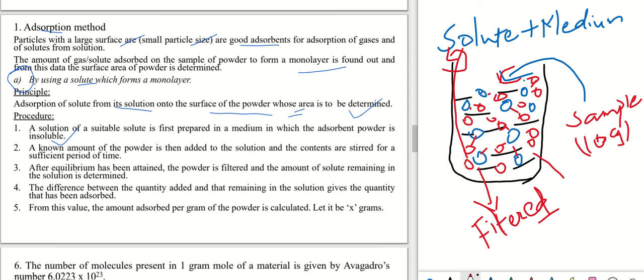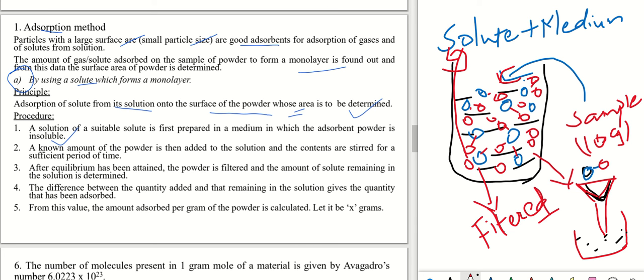When this is filtered, on the filter we will have the insoluble solute which is adsorbed to the powder sample filtered out.